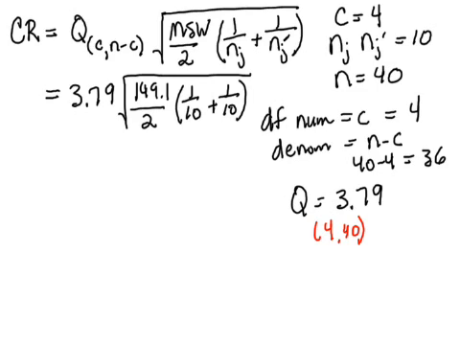Let me briefly tell you how you would handle things differently. Say, for example, you had one group of size 10, another group of size 10, another group of size 12, another group of size 12. When comparing the two groups of size 10, you would calculate 1 over 10 plus 1 over 10.